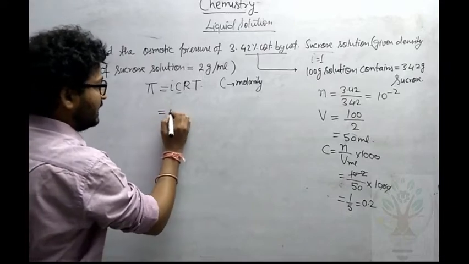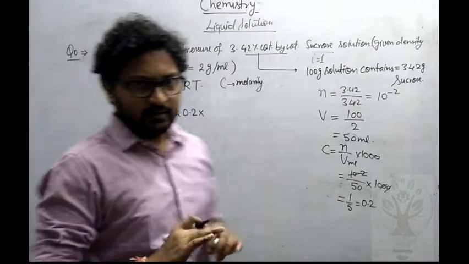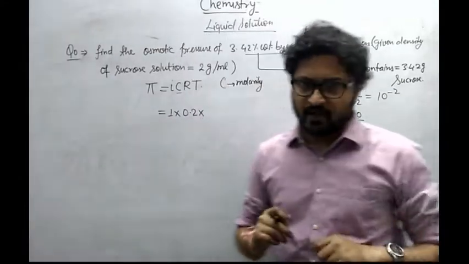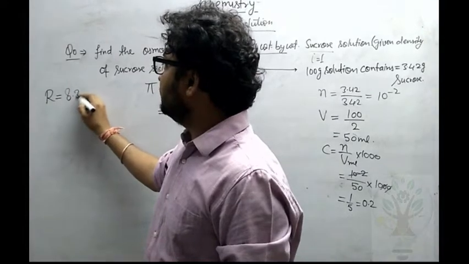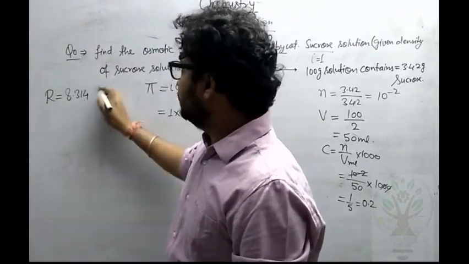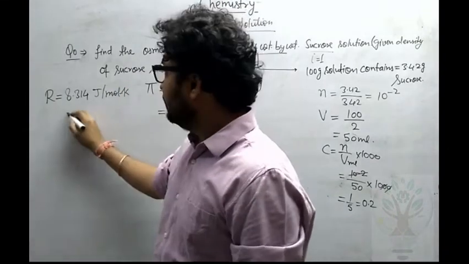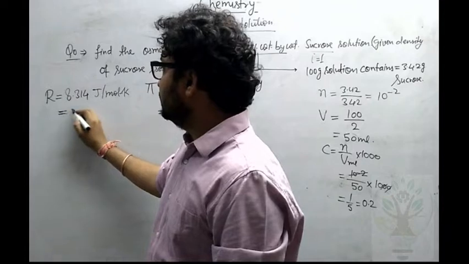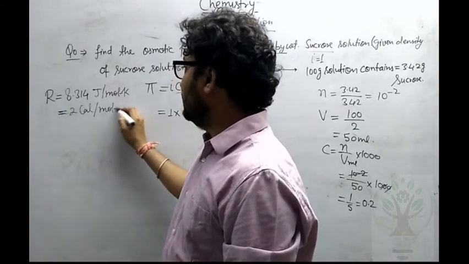Now what is i? i is 1. What is C? C is 0.2. Now what is R? There are 3 values of R. The value is 8.314, with unit joule per mole Kelvin. One more value is approximately 2, with unit calorie per mole Kelvin.